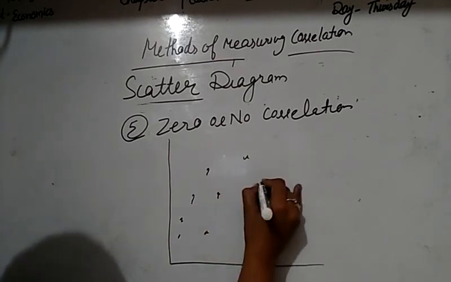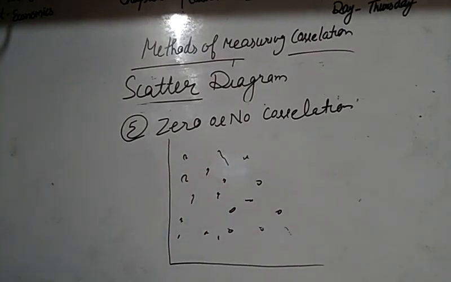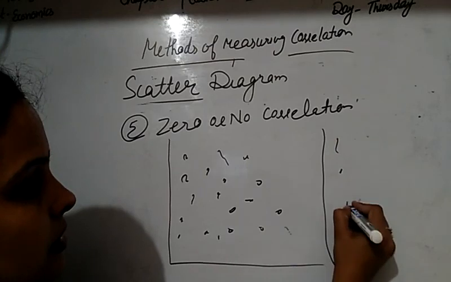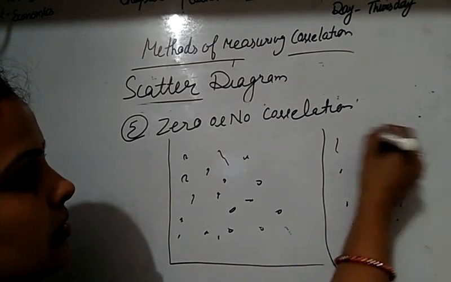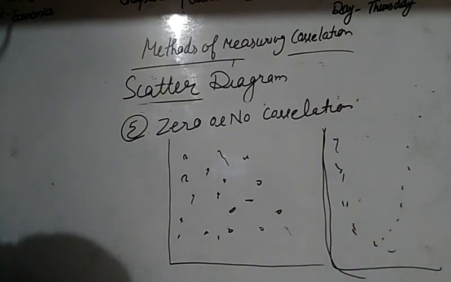No sequence is there. They are not on any line. So that we call zero correlation. If the points are scattered like this in a scatter diagram, no correlation is there in this case. Clear, students?